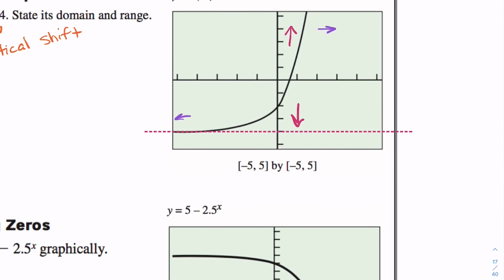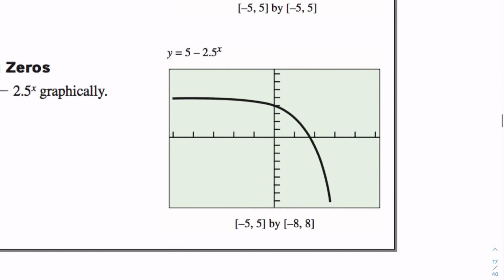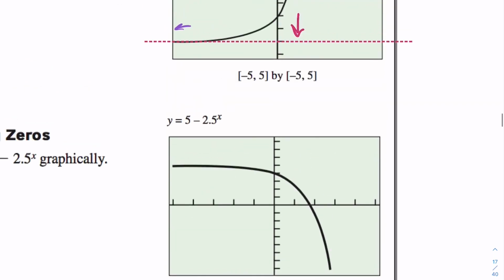So for an exponential, you're definitely going to have an asymptote somewhere. The question is where. In this next one, it looks like we have the same idea happening here. It looks like we have an asymptote. You know what? I'm just going to copy this one. Looks like we have an asymptote right here.